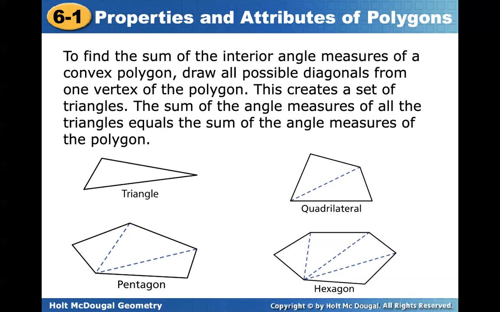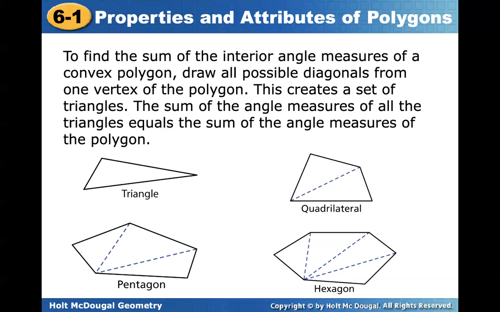Like a square has 4 right angles, right? 4 times 90 is 360. That's the same thing for every quadrilateral. A pentagon has 2 diagonals, which cuts it into 3 triangles, so we take 180 times 3, and that gives us 540 degrees.